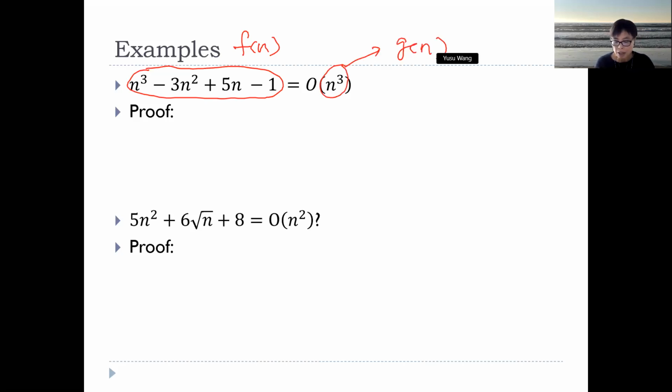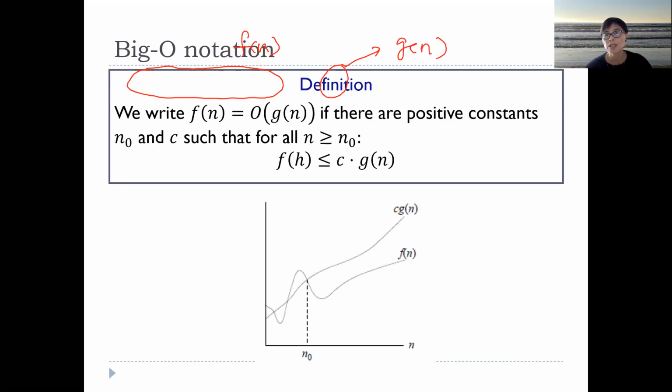Intuitively, it's easy to convince ourselves that the dominating factor on the left-hand side is n cubed, so its growth is bounded from above by a cubic function. But if I ask you to prove this using the previous formal definition, how do we do that? To prove this, we just need to establish that there exists some constant such that for n large enough, f of n is at most c times g of n, then we're done.